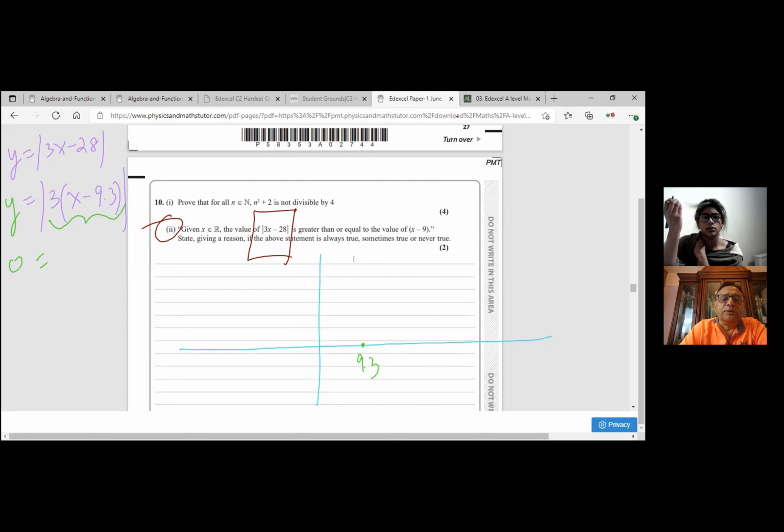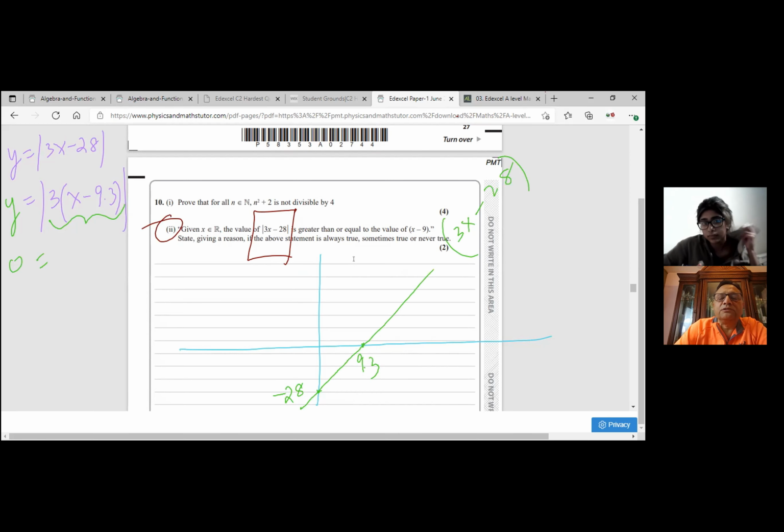I'm drawing a line only, right? Minus 28. Is that clear? Oh, I see. So what I've drawn here is 3x minus 28. Is that clear to you? Yeah. Okay, so that is my line.